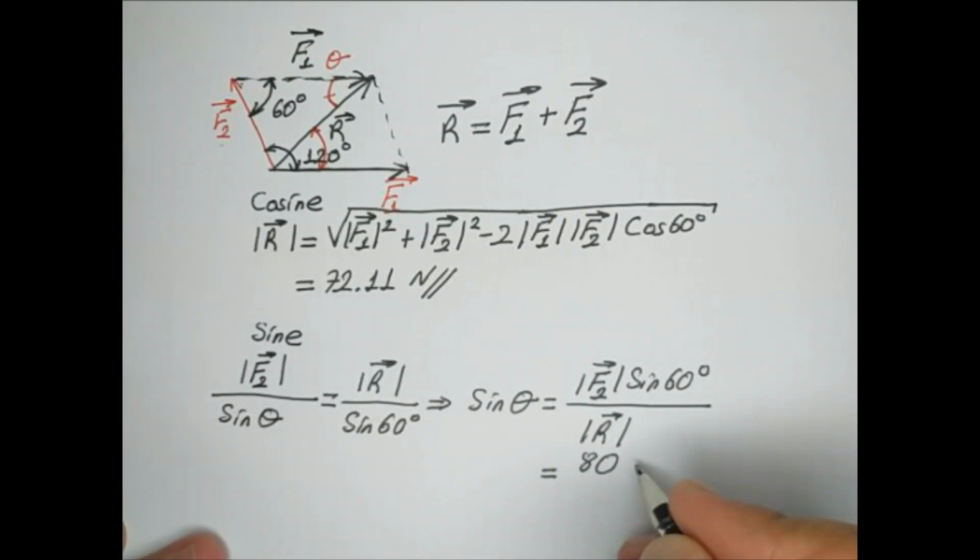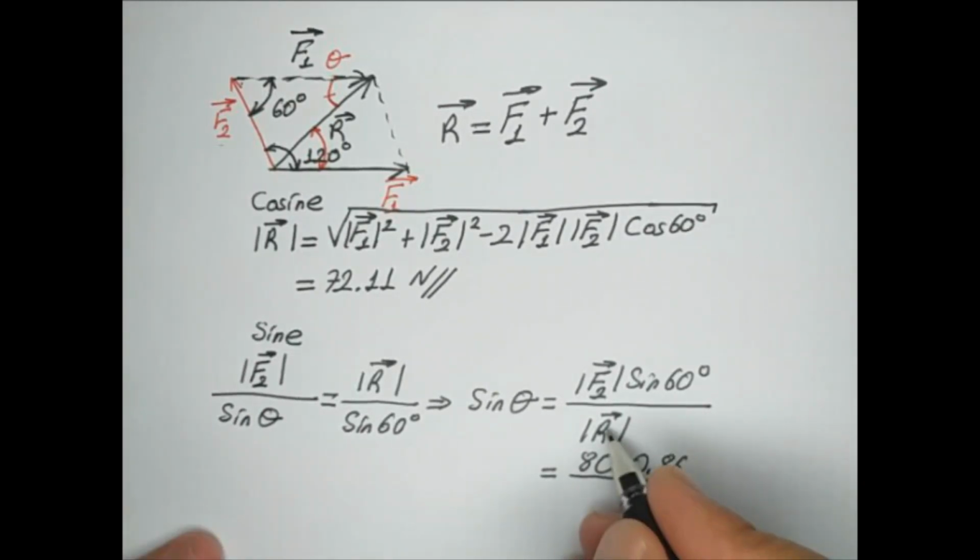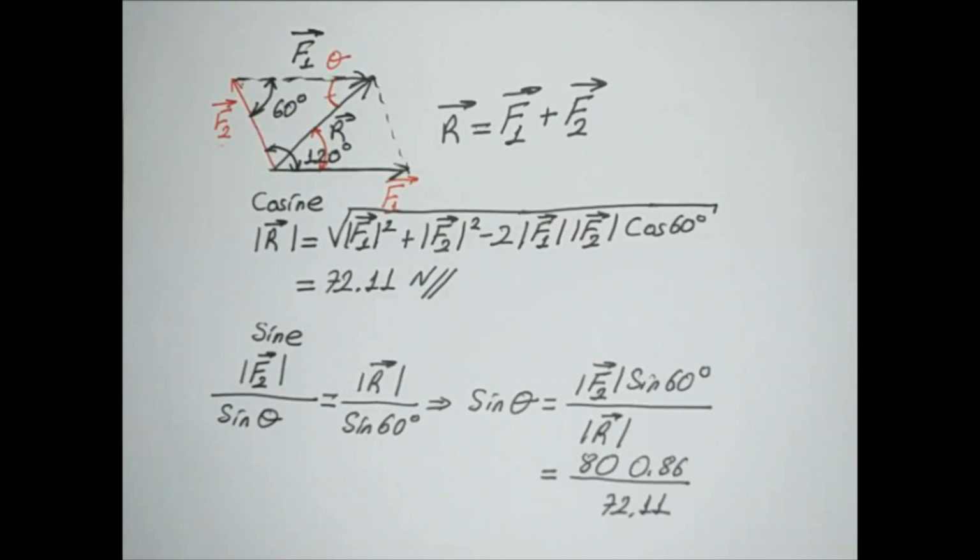And then the resultant force is 72.11. So the result is 73 point, because we can find theta from here. Theta can be calculated as 73.74 degrees.